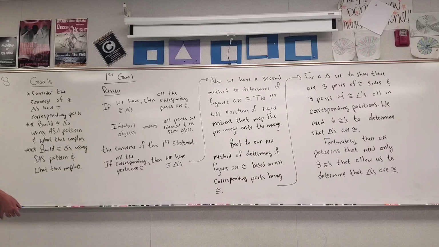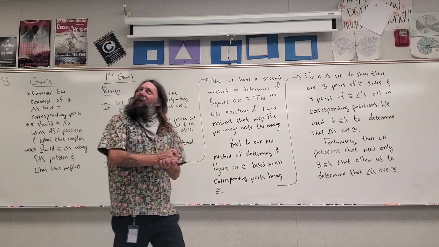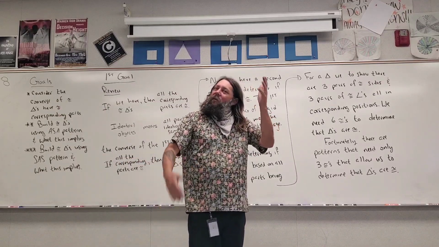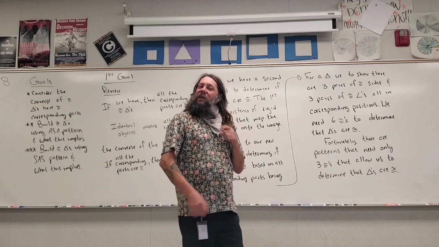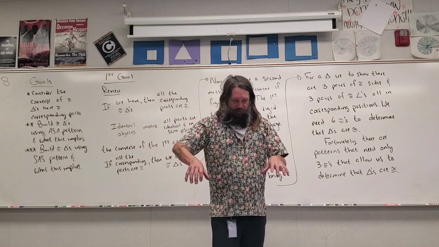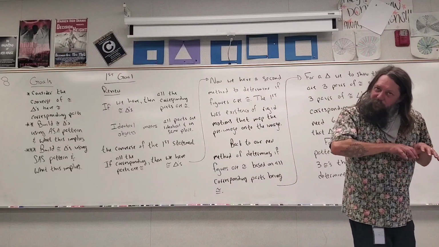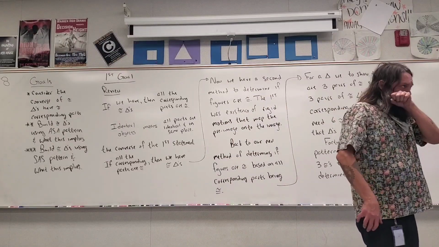Alright, so let's go ahead and jump into our first goal. What I'm trying to say here, and I'll say it in a summary, then I'll walk through the lesson, is if I have 2 identical objects, then the parts that made those objects must be identical in the same place.